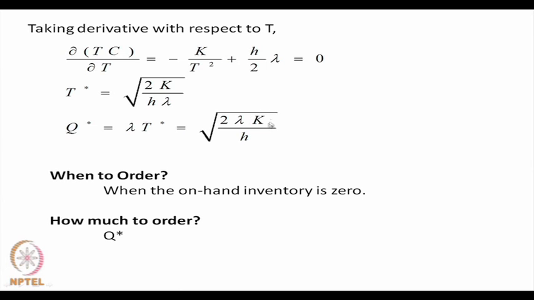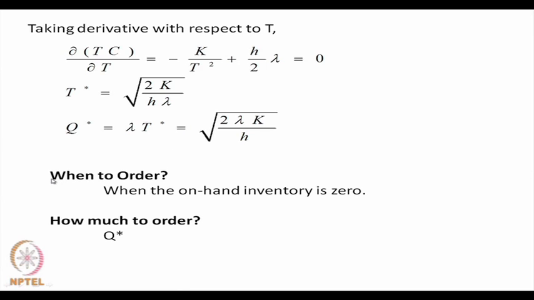If the fixed procurement cost or ordering cost is high, then Q star should also be high. But if the inventory holding cost is more, the amount ordered should be less. This contains a square root, therefore this formula is called the square root formula. It is also called Wilson's lot size formula.